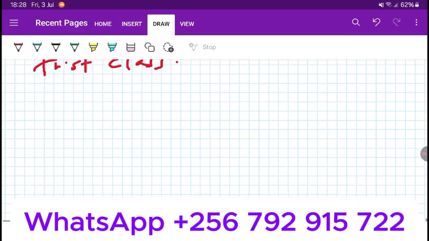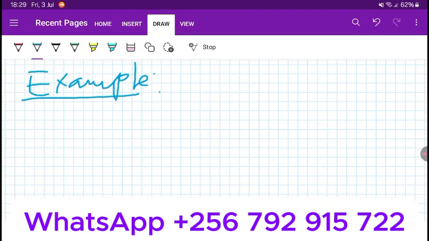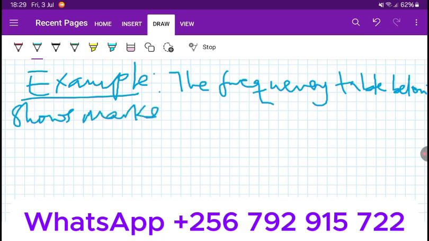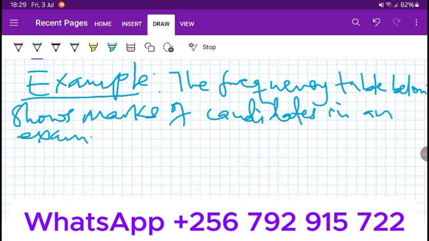So let's look at a simulation example. The frequency table below shows marks of candidates in an exam, full stop.